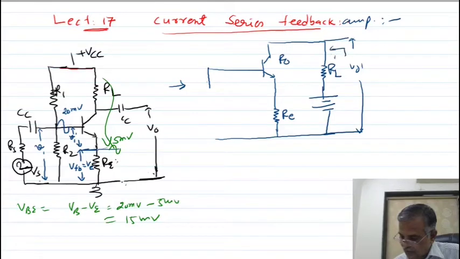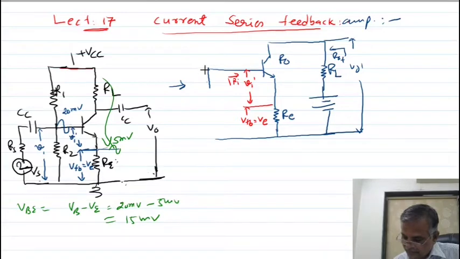Here I am showing you ROF. This voltage I am writing as feedback voltage, VE. This is your VI dash. So this resistance is RI.